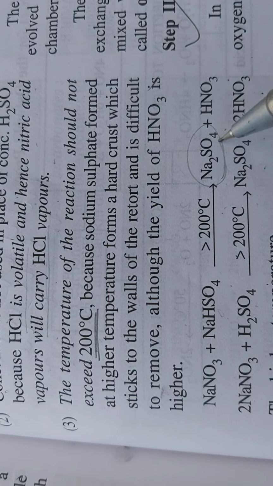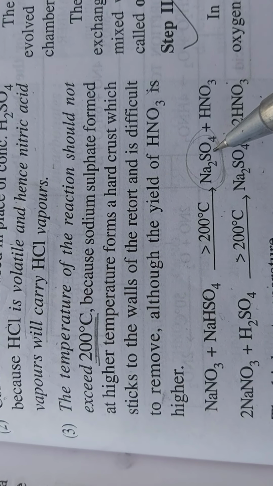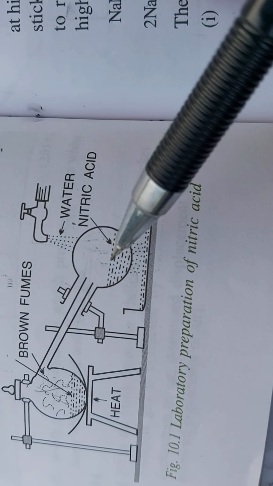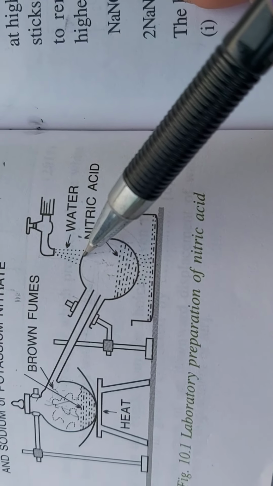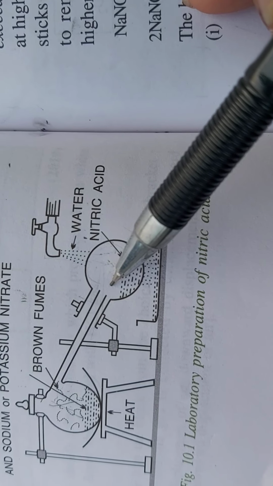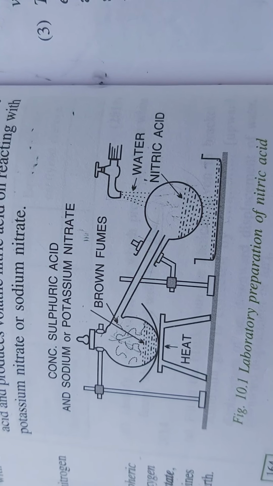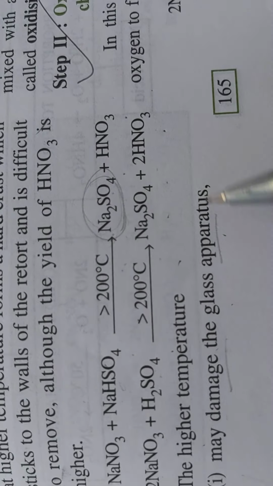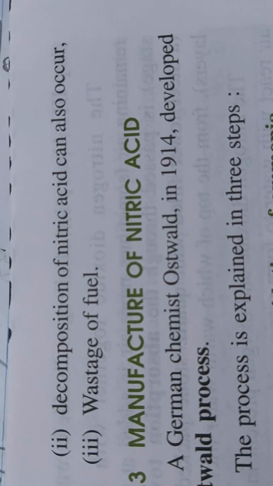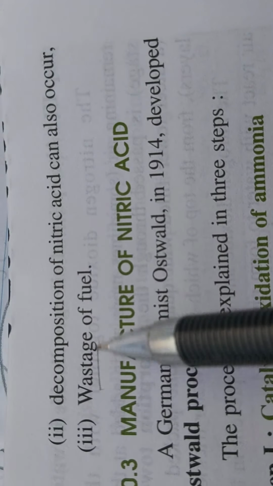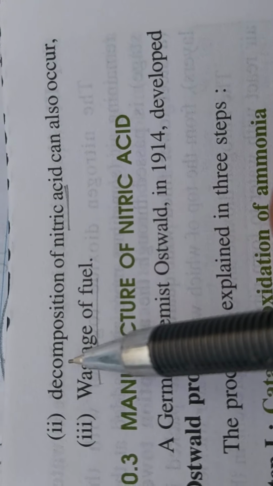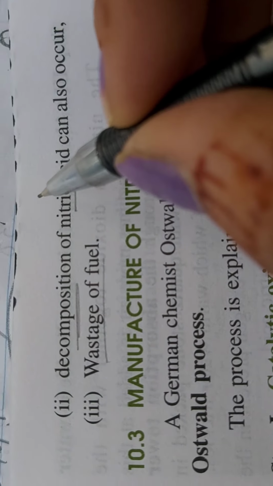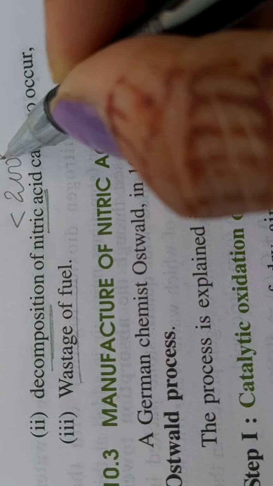And this sodium sulfate will form its own hard crust which can stick to the walls of the retort, and it will be difficult to remove. And higher temperature can also damage the glass apparatus, while on the other side wastage of fuel will be there and nitric acid can also decompose. So temperature is taken always less than 200 degrees Celsius.